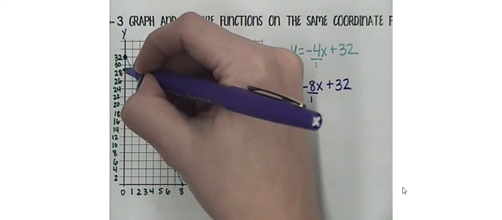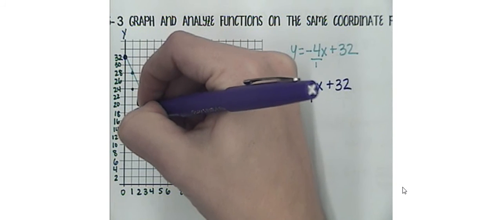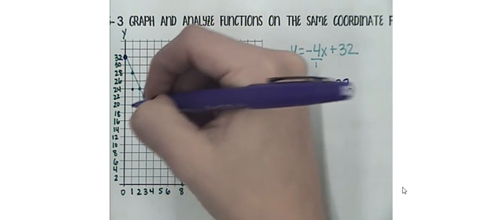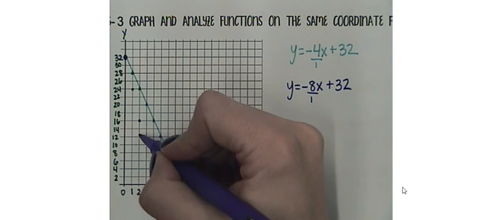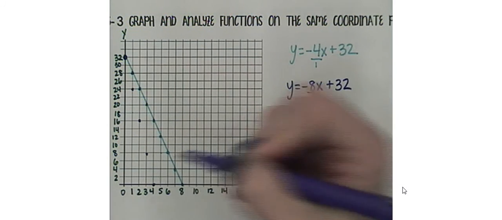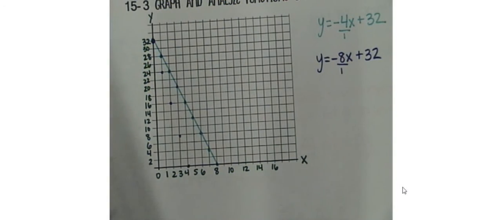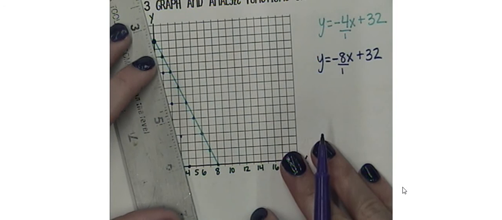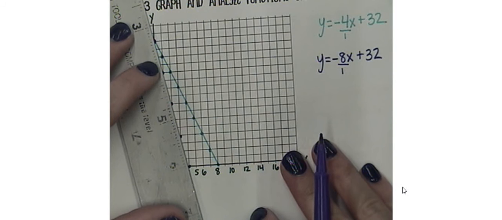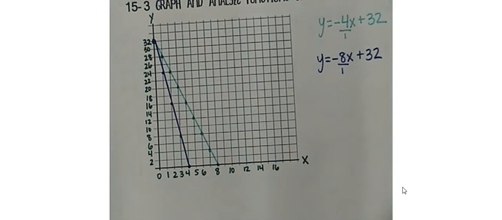So 2, 4, 6, 8 over 1. So I'm going 2, 4, 6, 8 over 1. That's 4 boxes. Oops, sorry. I want my lines to be straight.